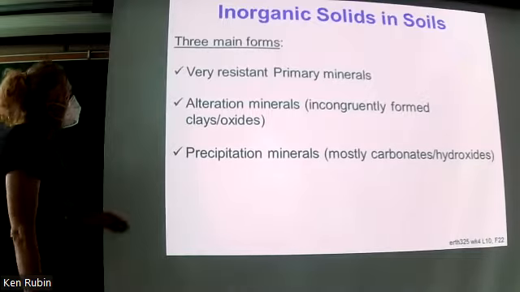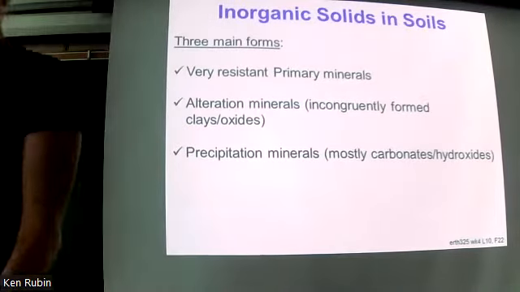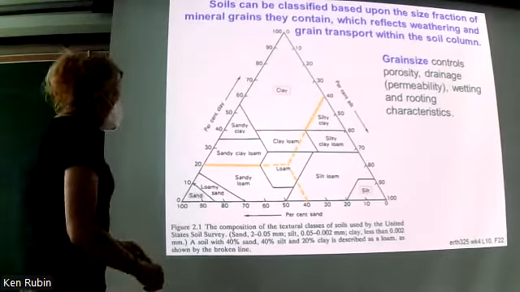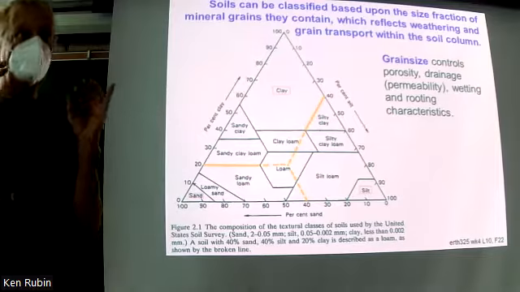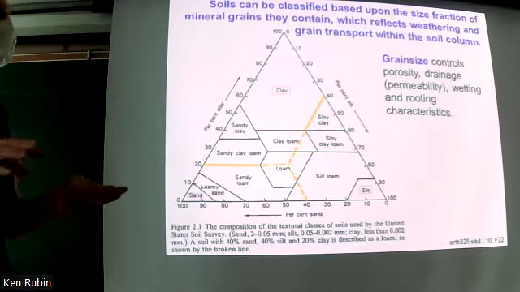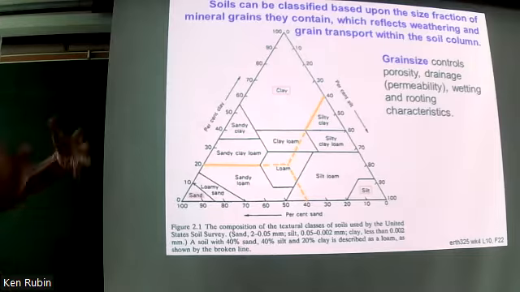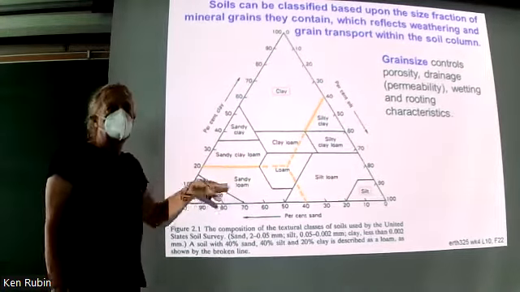So of these three forms of solids, I want to look at them a little bit and talk about them and recognize that they can take different size and shape characteristics, which can affect how water flows through a soil. And that gives soil some names. And so this is basically, has everyone seen a ternary diagram before? Everyone's familiar with that?